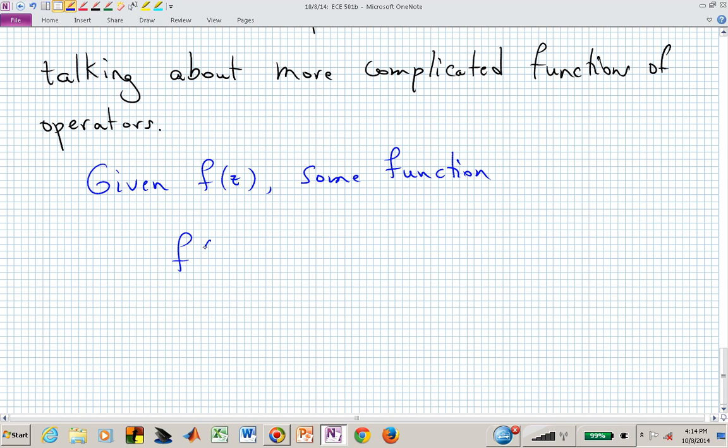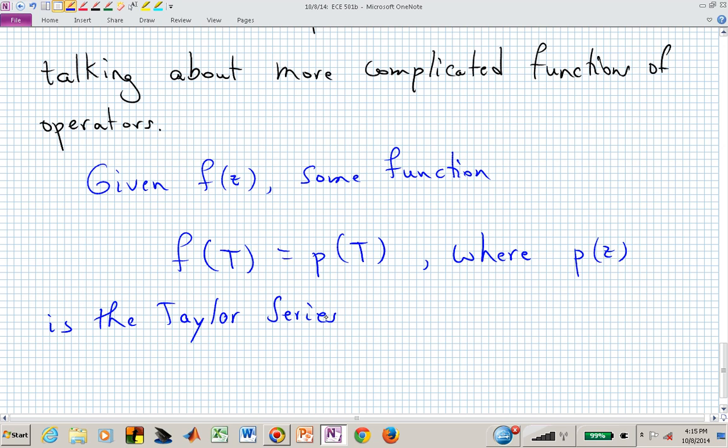Then we can associate f of T and set that equal to p of T, where p of z is in fact the Taylor series expansion of f of z.